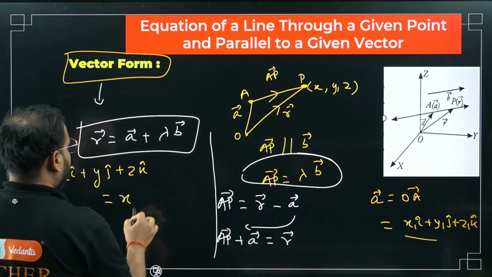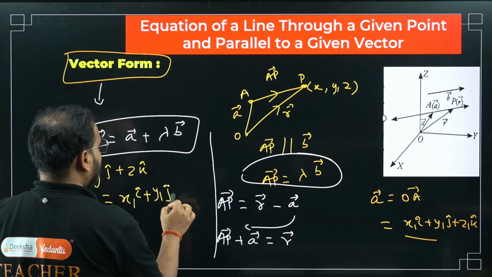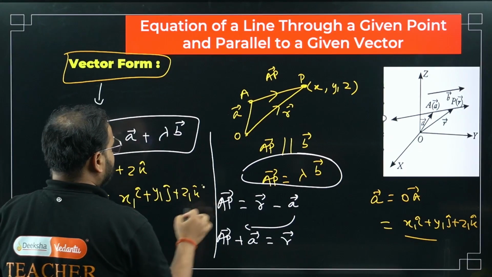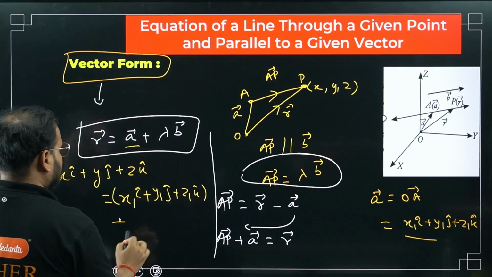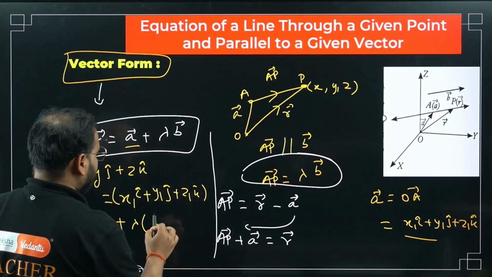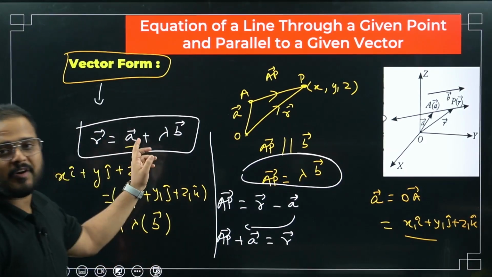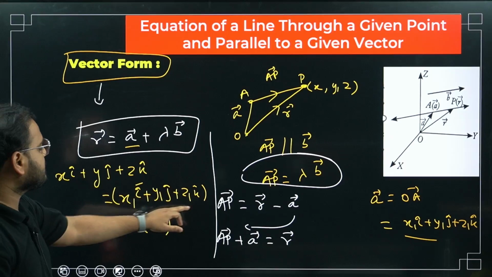I can write x1 i cap plus y1 j cap plus z1 k cap. This is for vector A, plus lambda times vector B. I can write vector B as ABC also, or simply vector B. These two are nothing different, I am just trying to explain the meaning of vector A. Vector A can be written like this, a known value.